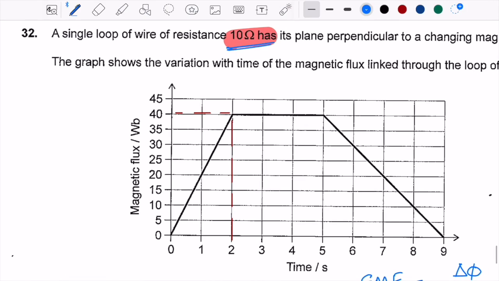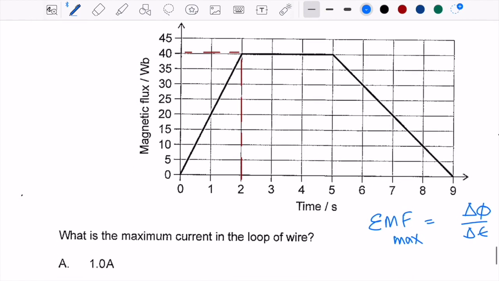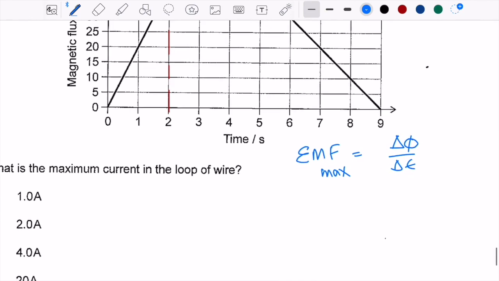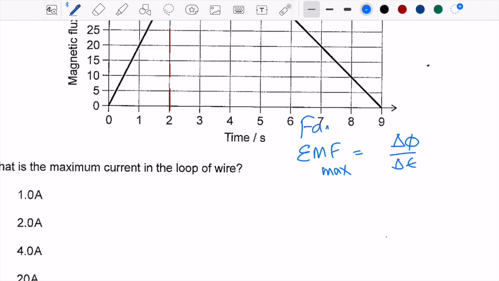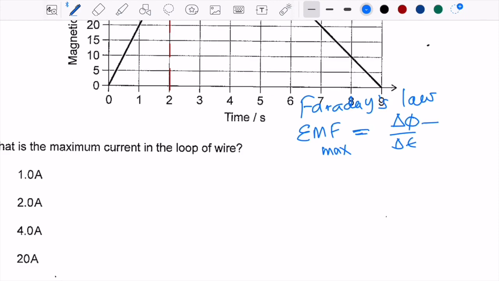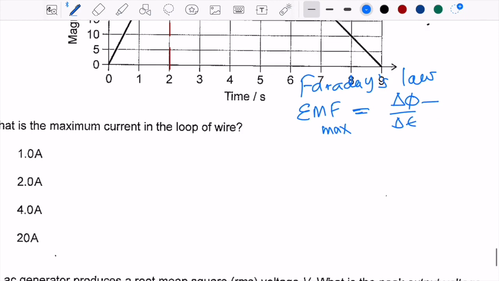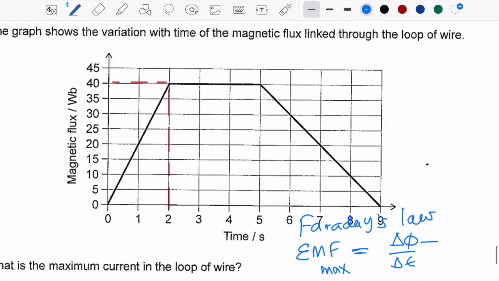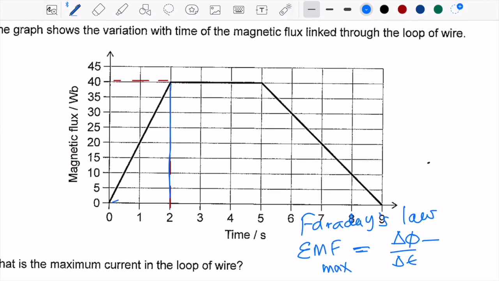The resistance is given here, don't forget. By Faraday's law, we know EMF is the rate of change of magnetic flux linkage, right? Here we have to understand the biggest EMF is generated at this steep line, not here.